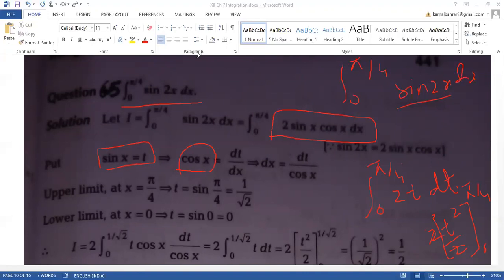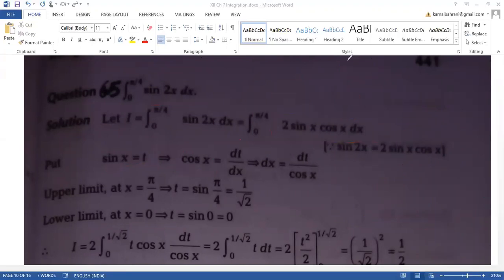Wait a minute, one more thing is there. Just see, when we are changing it to sin x equal to t, then the limit will also change. The limit was of x, now the limit will be of t. When x is tending to 0, sin 0 will tend to 0.